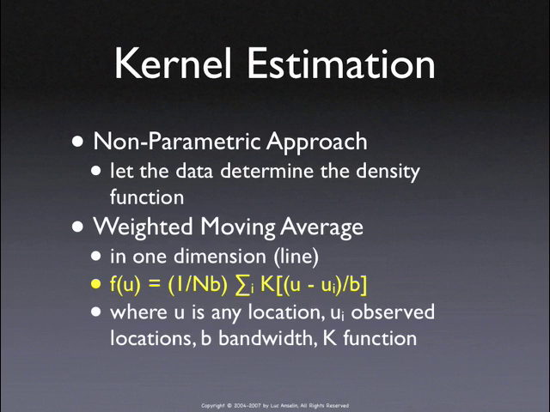So that is formalized in this expression here, where you have a function at any location. This can be computed for any location. And in practice, in 2 dimensions, you have a grid, and you compute this kernel function at the points on the grid.